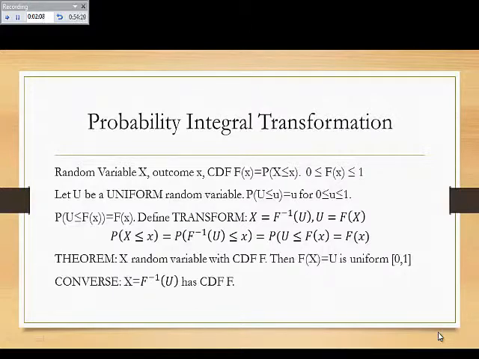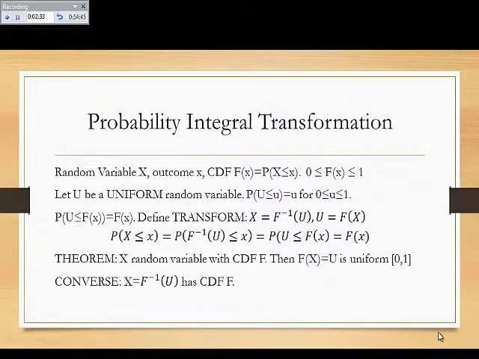So it's just a mechanical calculation. If you look at the probability that X is less than or equal to x, then X is by definition F inverse of U. So that's the probability that F inverse of U is less than or equal to x. Now apply F on both sides and you get the probability that U is less than or equal to F of x, which is equal to F of x.